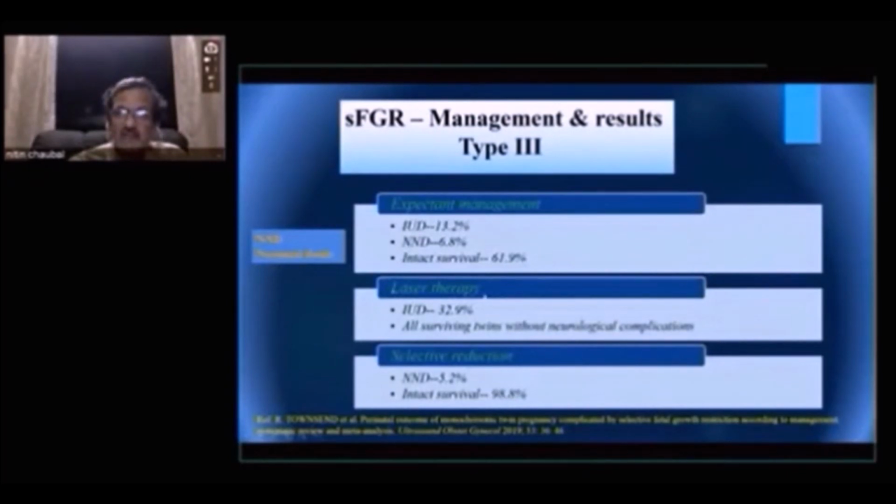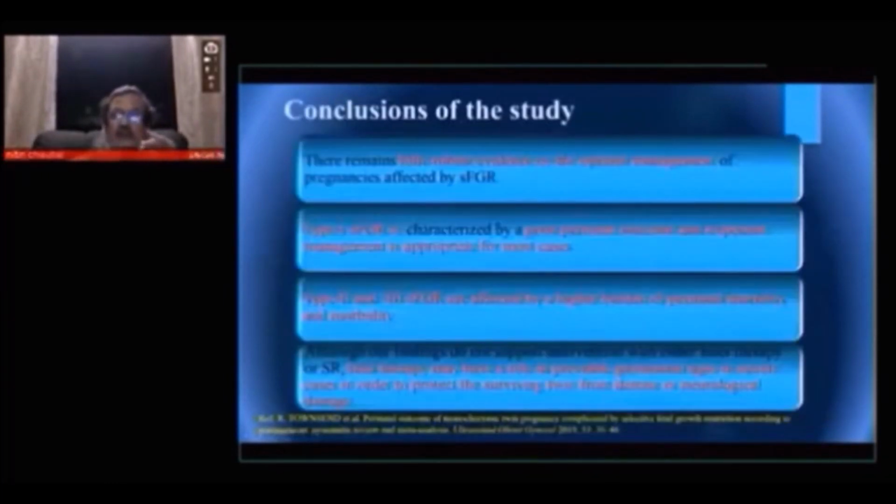With laser, there was an IUD of the other fetus in 32%, but all surviving twins were without neurological complications, and in selective reduction, the intact survival was 98%. So this gives you a rough idea about how things go with wait and watch management or with interference.